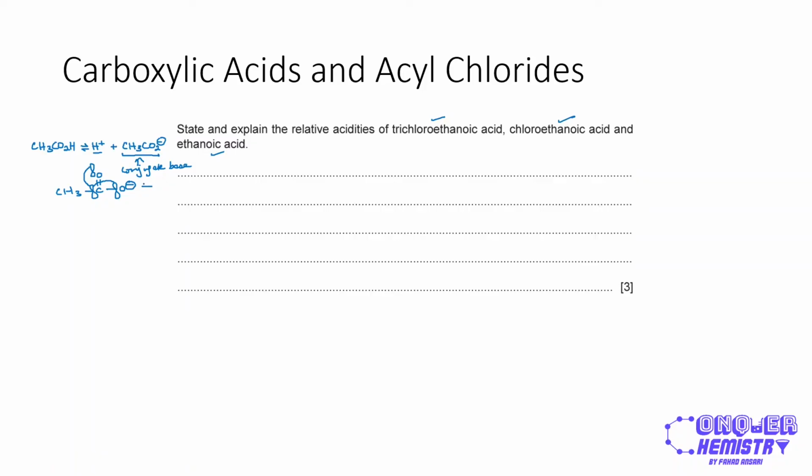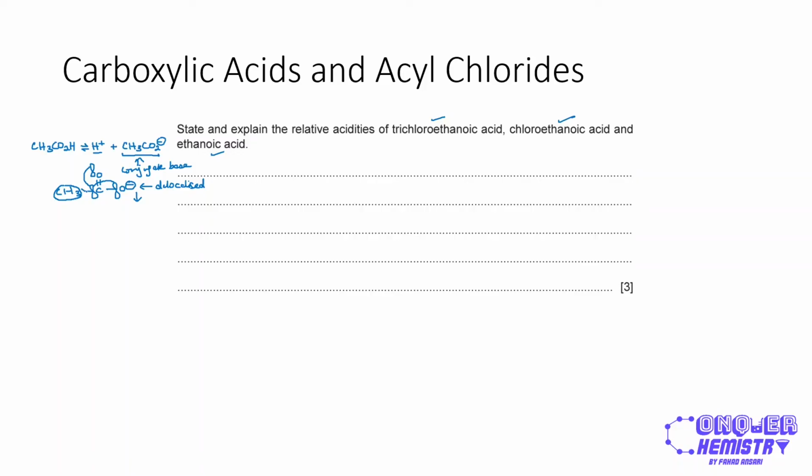It becomes delocalized, and so the charge density goes down, and so the concentration remains relatively high of H+, but this is countered by the fact that this CO2 group is bonded to this alkyl group, which is electron donating.